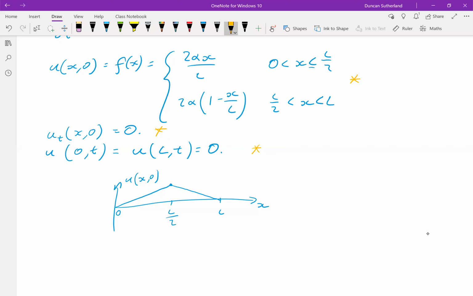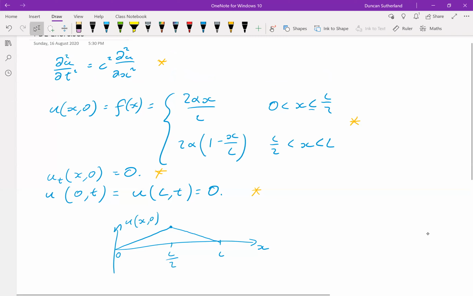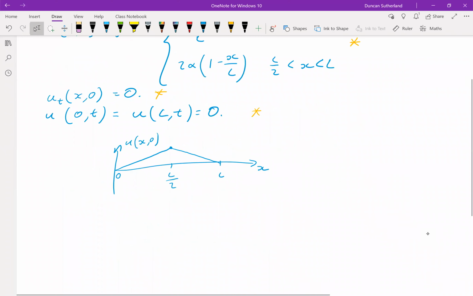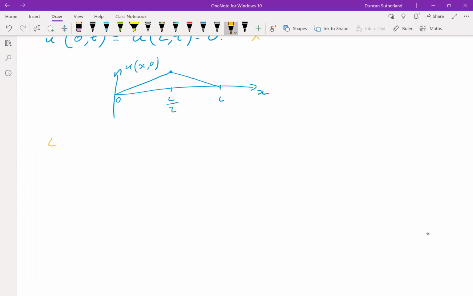All right, this will be separation of variables, so let's crank through that. Let u of x and t be some function X of x, T of t, like this.